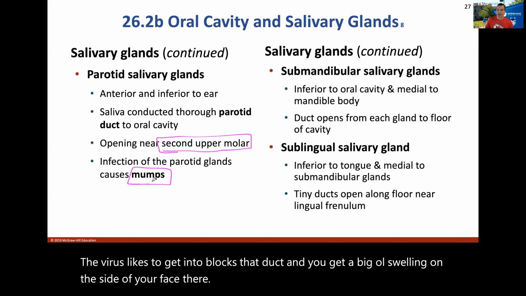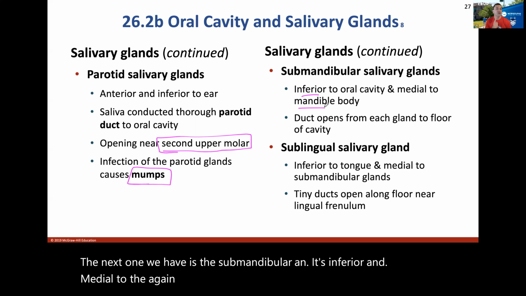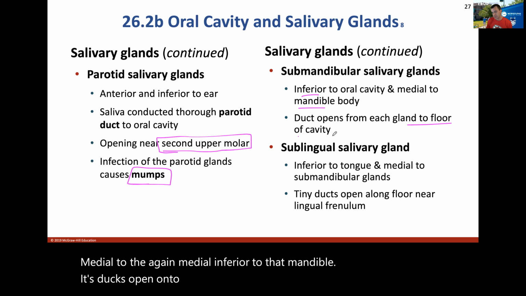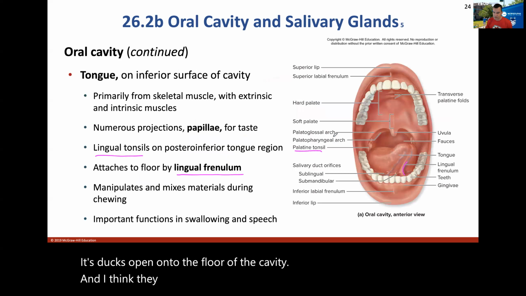The next one we have is the submandibular, and it's inferior and medial to that mandible. Its ducts open onto the floor of the cavity. And I think they show them over here. Yeah, there you go.